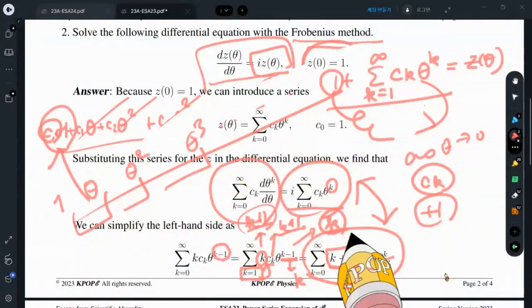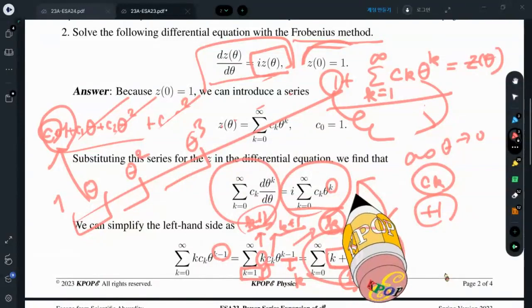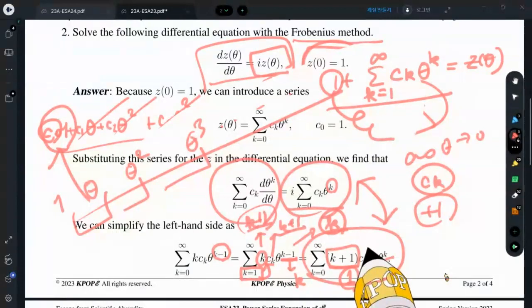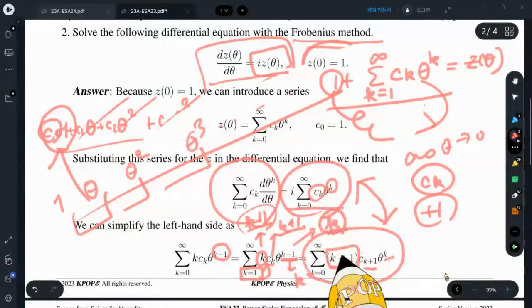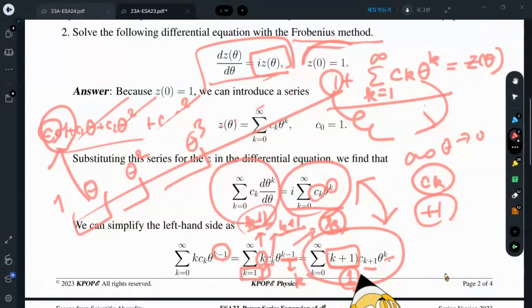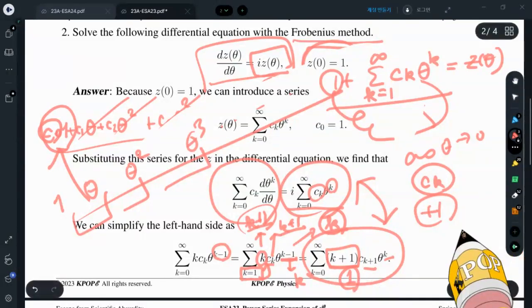Okay? Therefore, if I have two convergent power series, as long as they converge to a certain value, then the coefficient should be uniquely defined. Okay, that's the reason why we always prefer to use a linearly independent basis for the description of a vector in a Euclidean space and this kind of functional space.